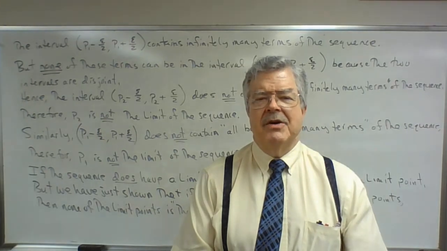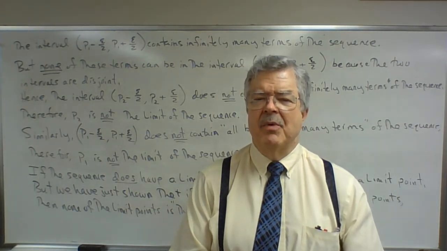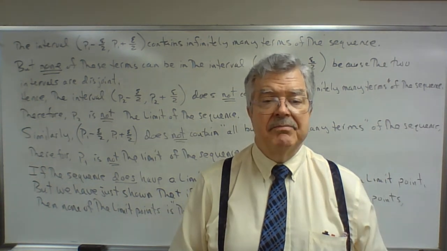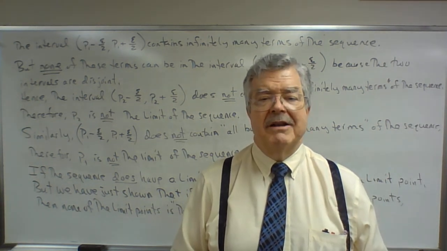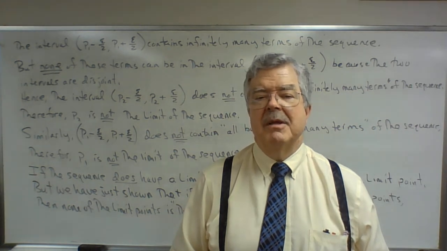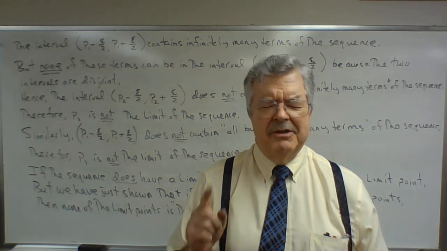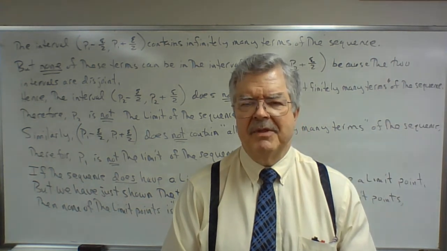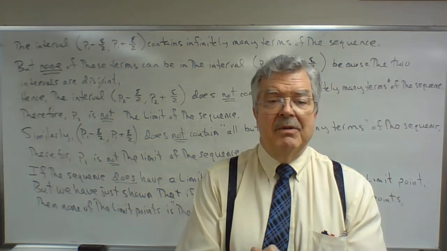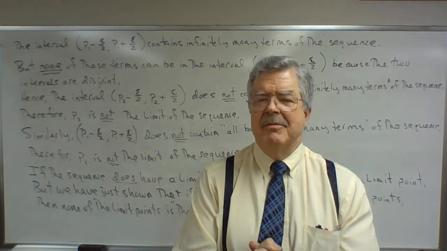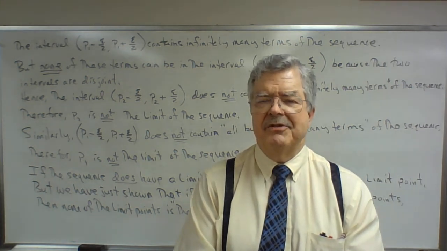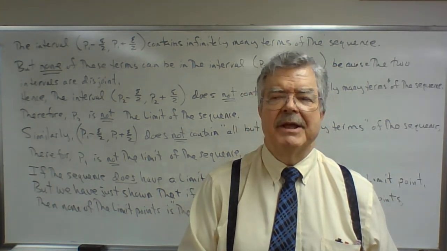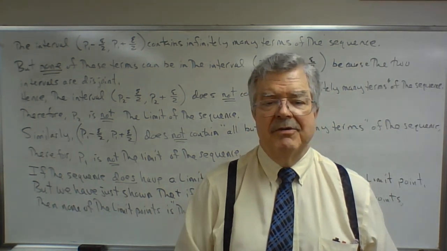Try to create a sequence that has exactly one limit point that diverges. If we succeed, we'll show that just because a sequence has exactly one limit point doesn't mean that the sequence converges. If we fail, we may gain some insight as to how to prove the statement that if a sequence has exactly one limit point, then the sequence converges.